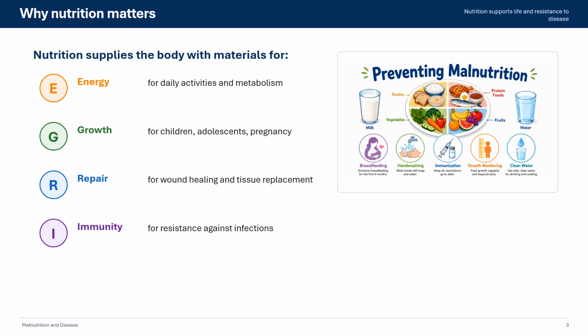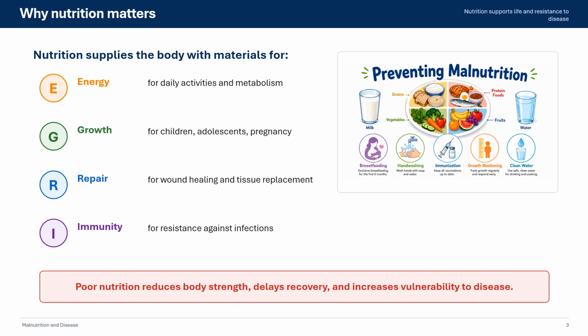When the body does not receive adequate nutrients or receives them in excess, malnutrition occurs. Hence, malnutrition remains one of the major public health problems worldwide, particularly in developing countries.